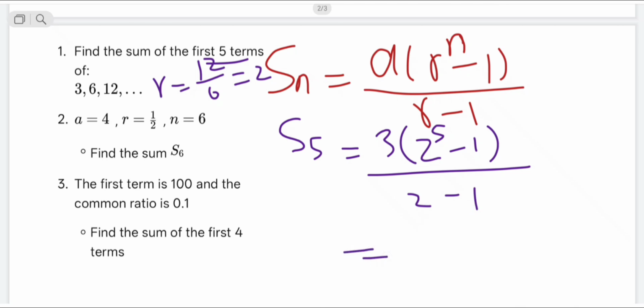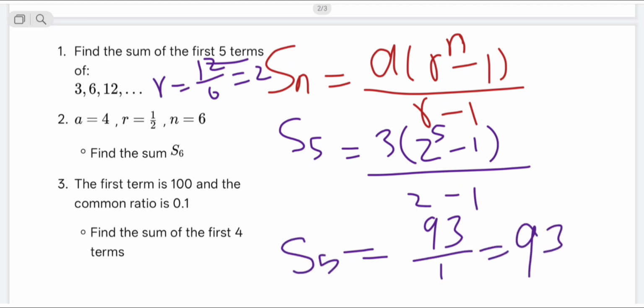Just use the calculator and we can find the answer. So 3 bracket 2 power 5, which is 32, minus 1 equals 31, multiply by 3, which is 93 over 1. We don't need to divide, because 2 minus 1 is 1, so 93. So S5, the sum of the first 5 terms, equals 93.